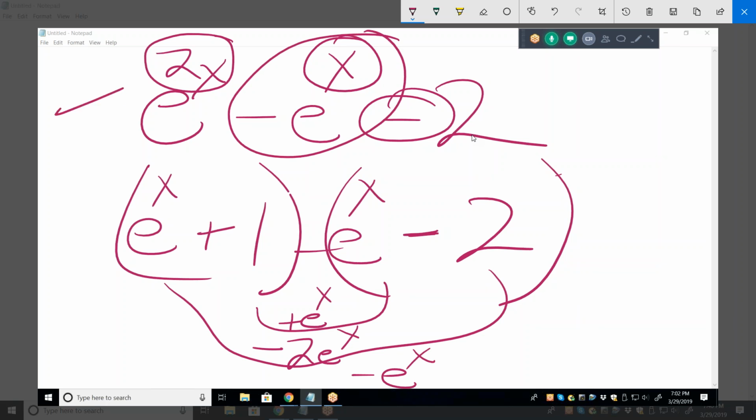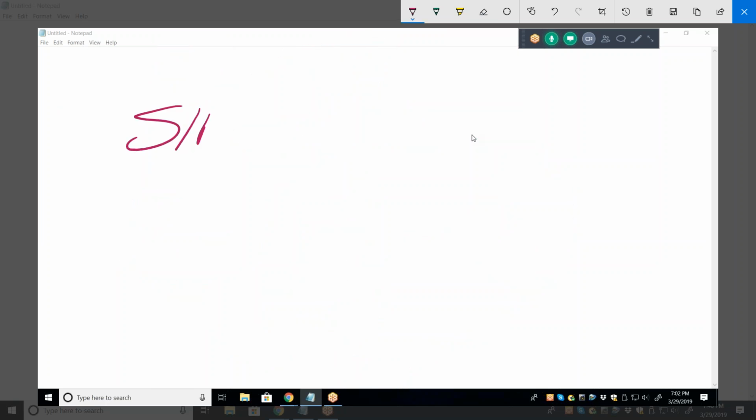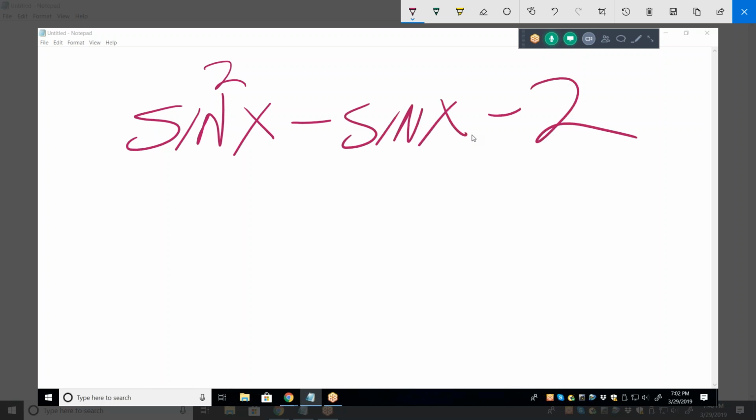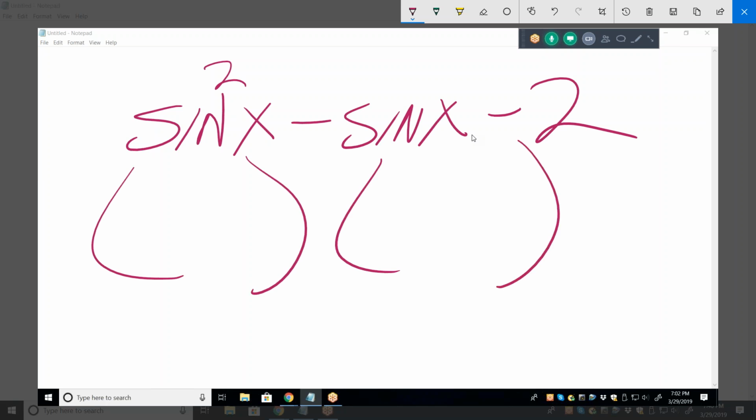So this is another type of quadratic in disguise. And it's not just these functions that it works with. What if I had sine squared of x minus sine of x minus 2? Well, that is a quadratic in disguise in trig functions.